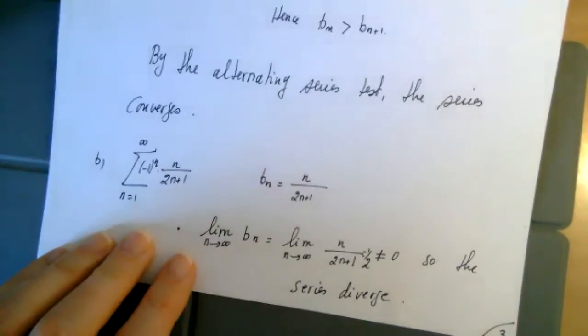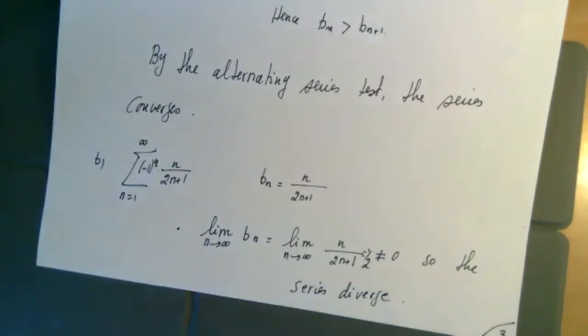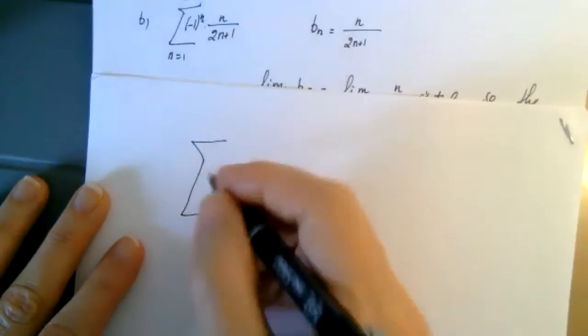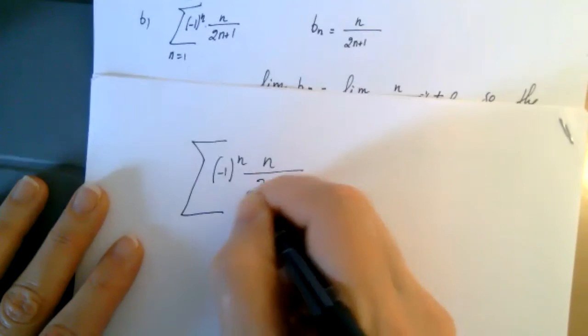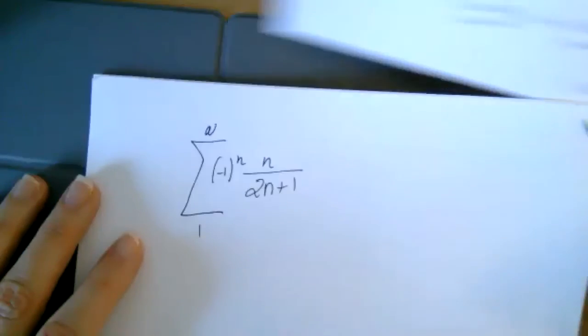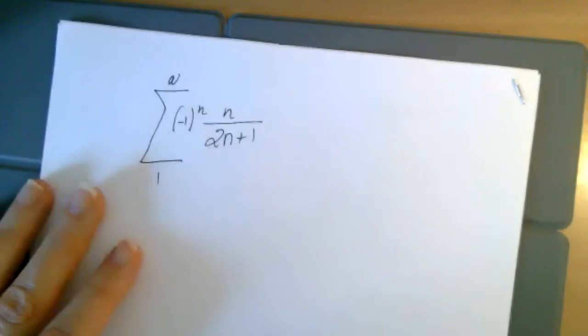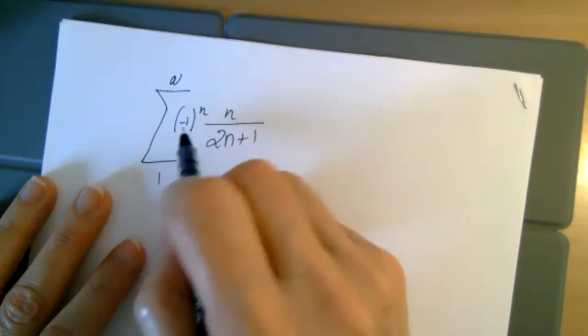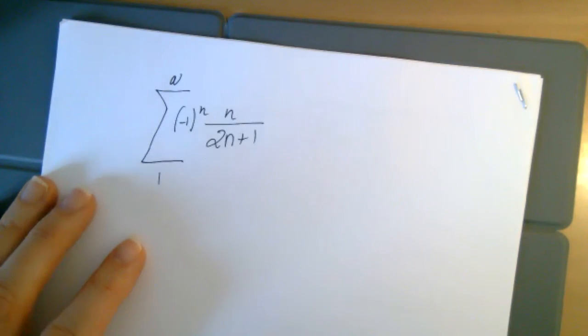Let me take another series now. I will write it clearer and bigger so you can see it. I have the following: the sum from 1 to infinity of minus 1 to the n times n over 2n plus 1. Again, that's alternating, because those terms are positive and minus 1 to the n just alternates the sign.